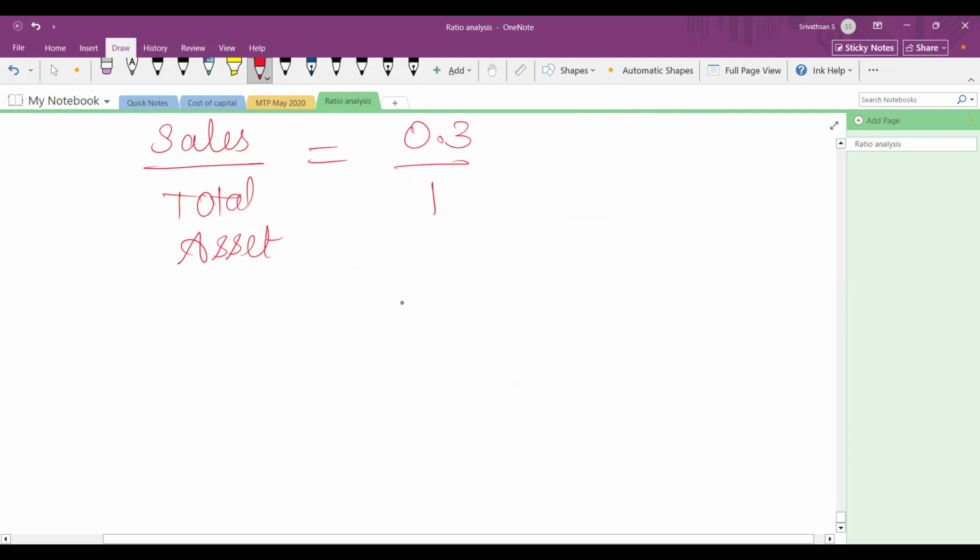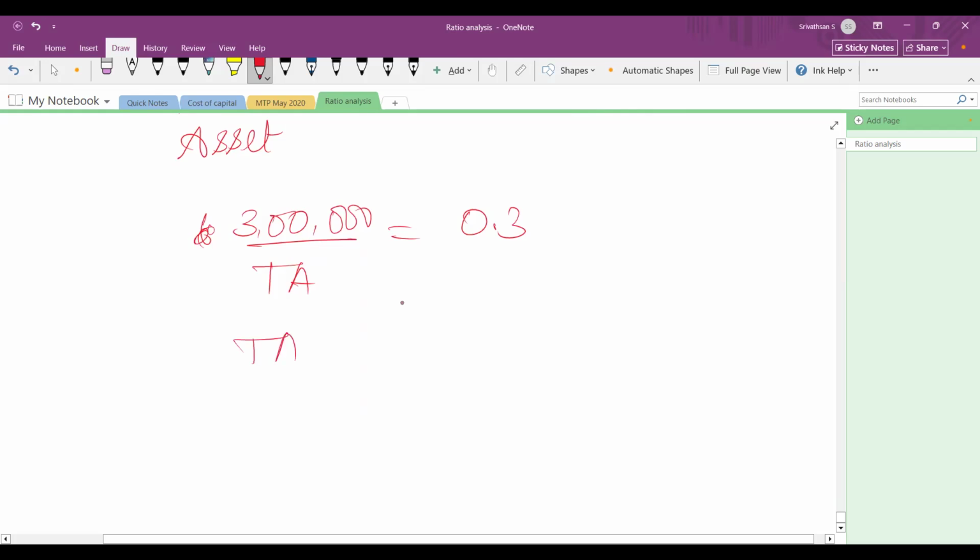So what is sales? It is 3 lakhs by total asset, which we don't know, is equal to 0.3. So what is total asset? 10 lakh rupees. Did you all understand? Clear?